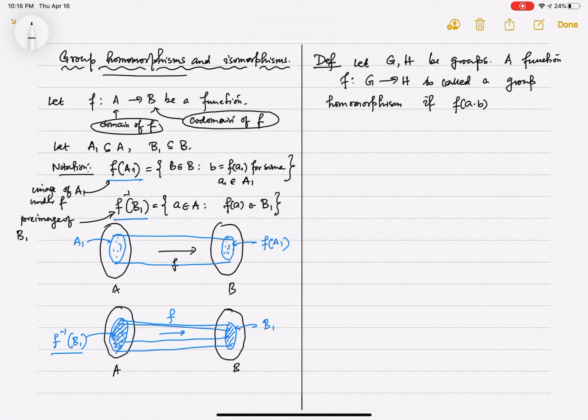So if you multiply and then apply f, versus if you apply f to two things and then multiply, you get the same thing for all a, b in G. And a bijective homomorphism is called an isomorphism.